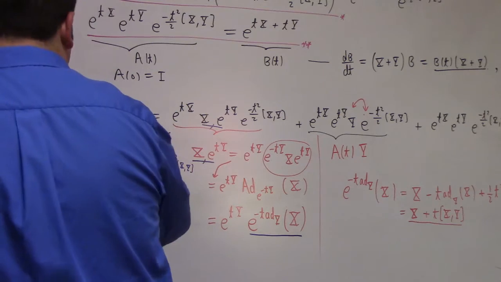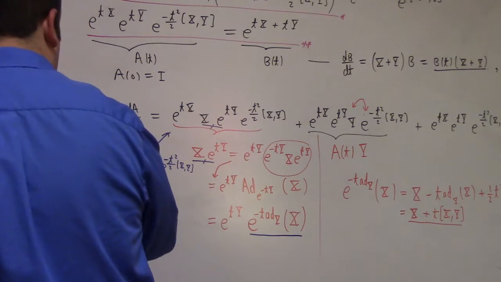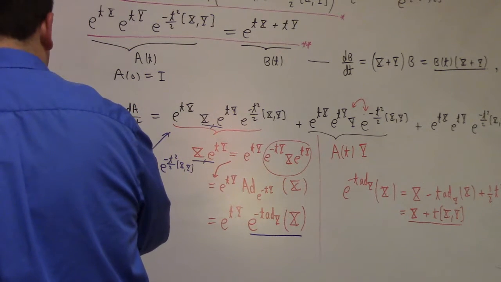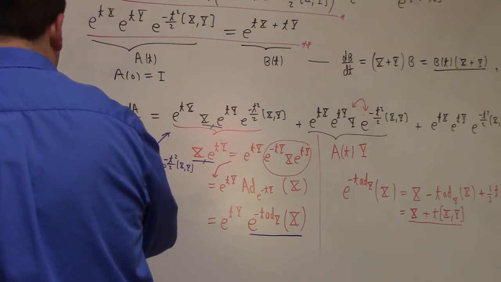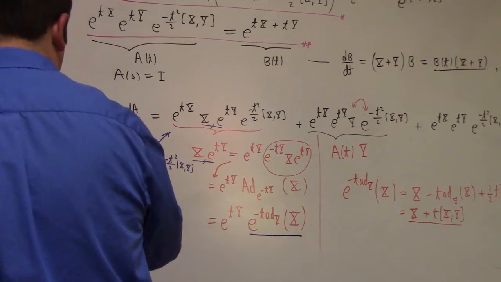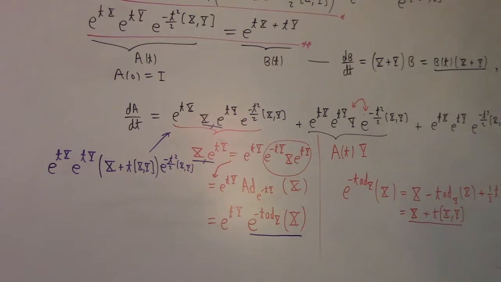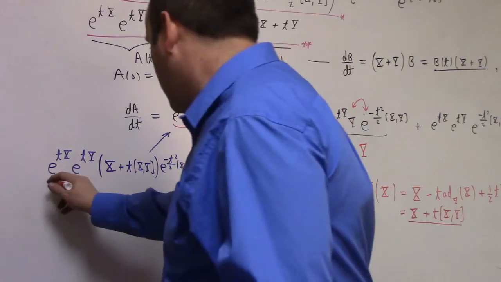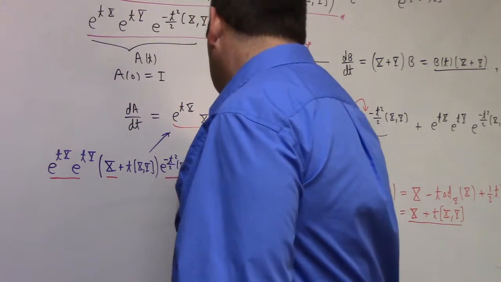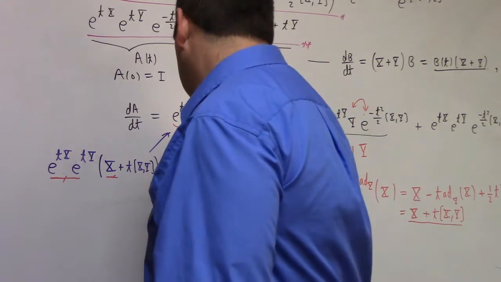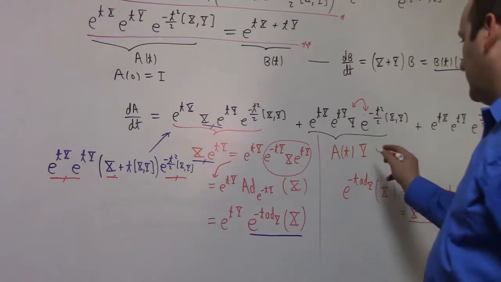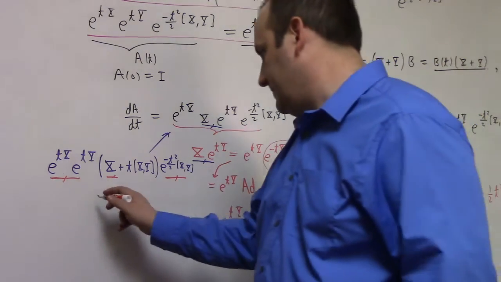So I should have that before this, right? Yeah, so e to the tx, e to the ty, that's good. Because then if you look at it from the first term, if you multiply out this times that, that in total gives me these, e to the ty.